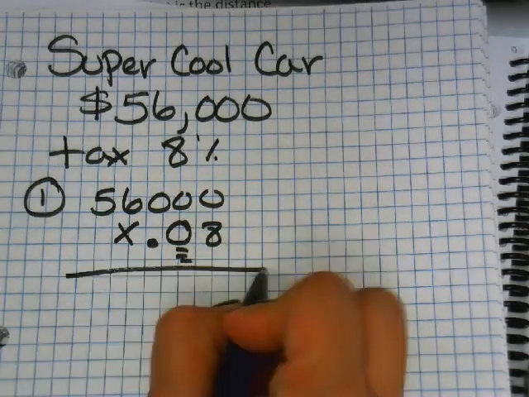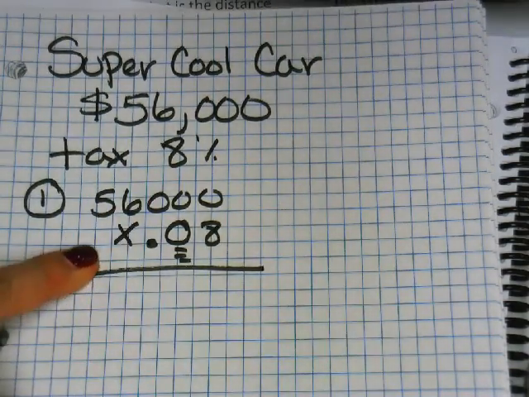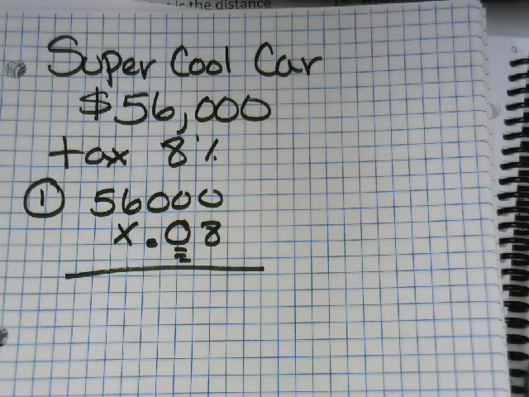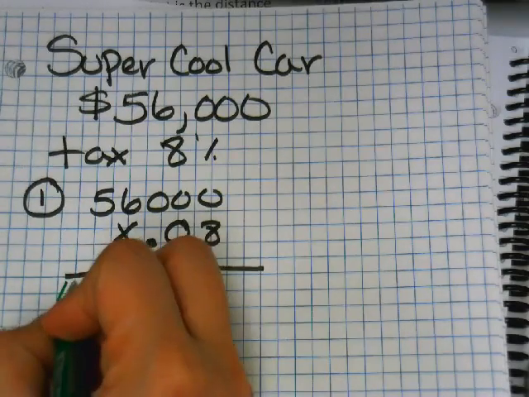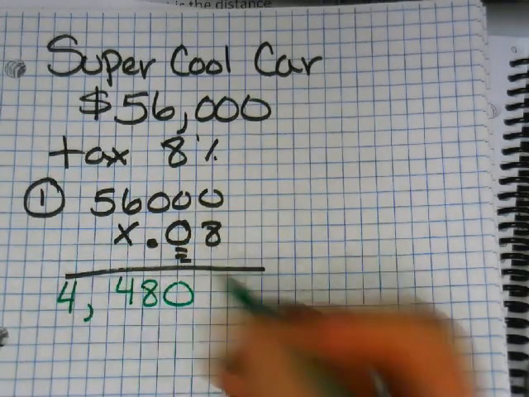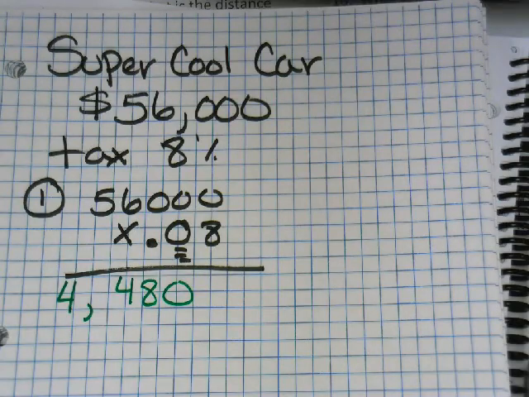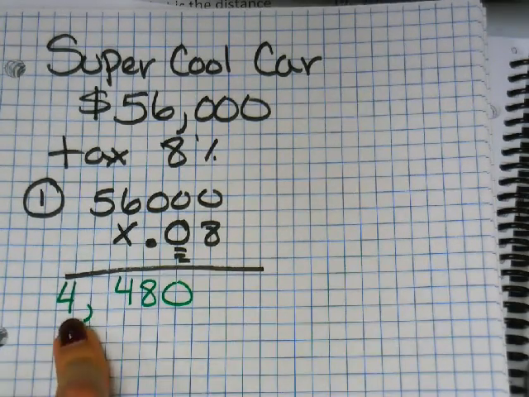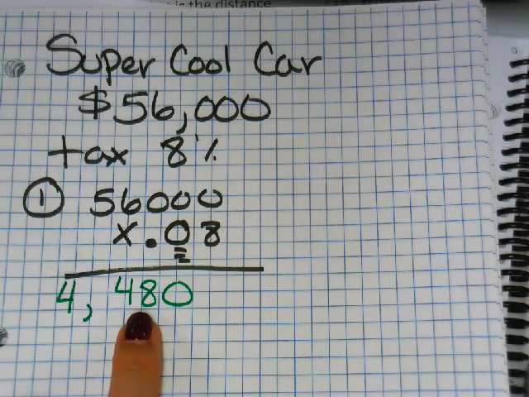So go ahead and type this into the calculator. 56,000 times 0.08 is 4,480. I'm going to pay an additional $4,480 just in tax for this car.